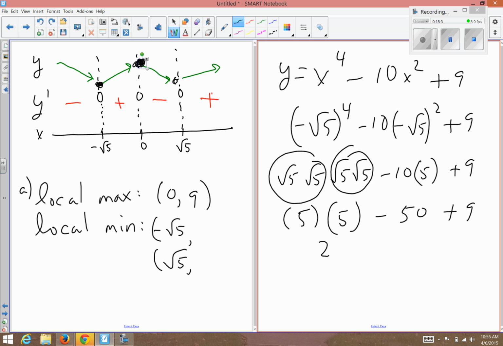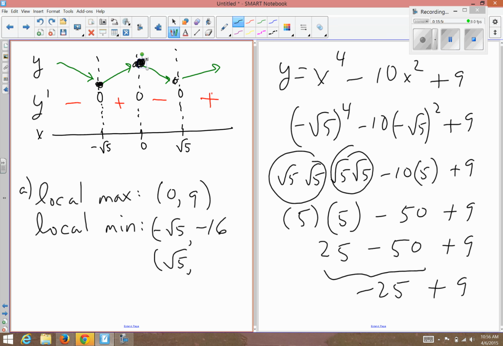So we have 25 minus 50 plus 9. That's negative 25 plus 9. That's negative 16.